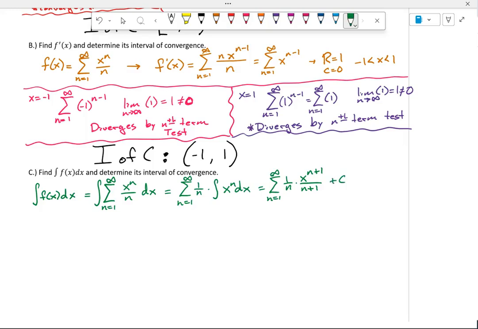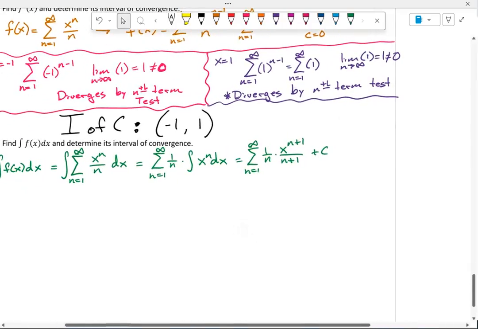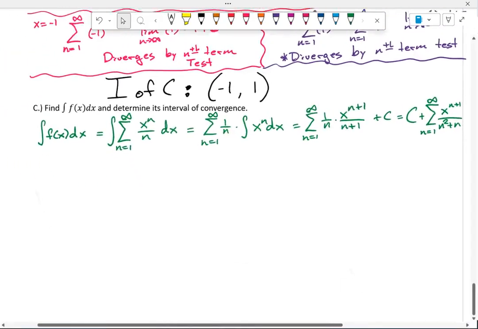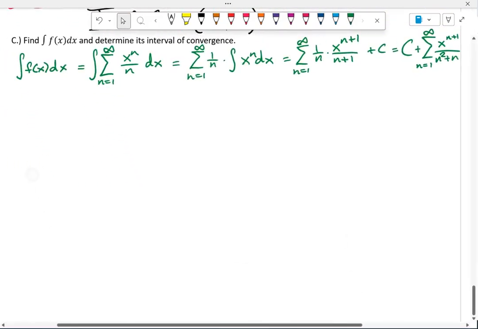Yeah, it was an integral, so I have a plus c. So then that is equal to c plus the sum, n equals 1 to infinity, of x to the n plus 1 over, and I can distribute and multiply those, n squared plus n. Are we good so far, guys?